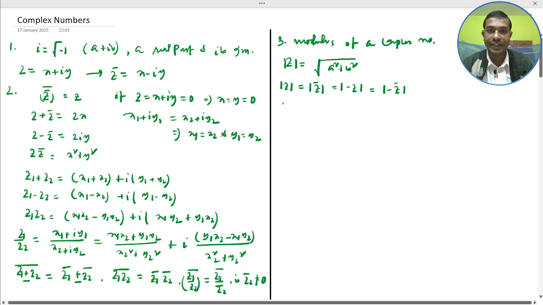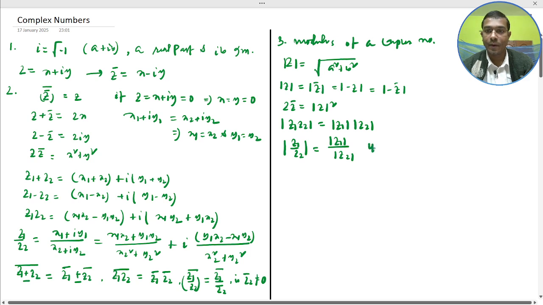Next, z z bar is equal to mod z square; mod z1 z2 is equal to mod z1 into mod z2; mod z1 divided by z2 is equal to mod z1 divided by mod z2, if z2 is not equal to 0.